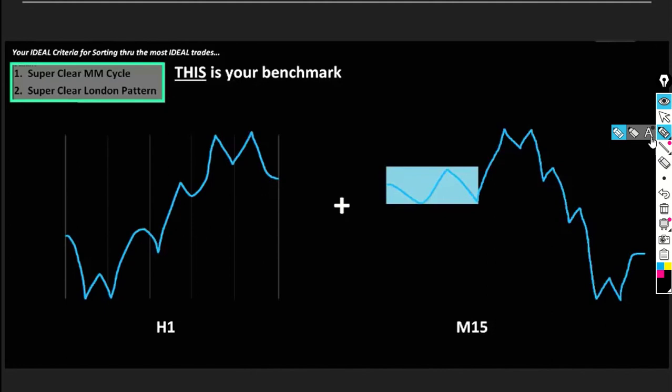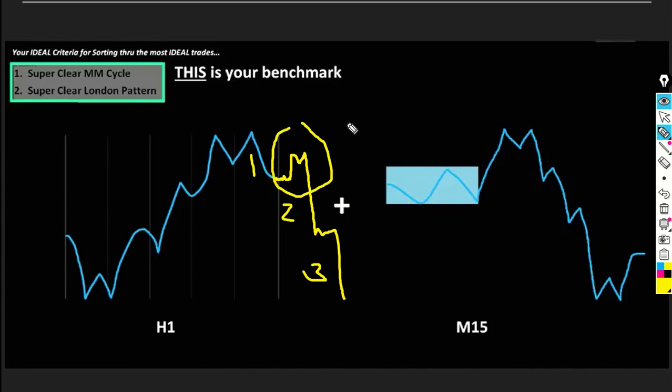For me to enter this trade, I should have seen something like this: consolidation, accumulation, then an M formation. This is what I'm expecting. Then we have 3 levels down: 1, 2, 3. After this comes the 15-minute pattern.